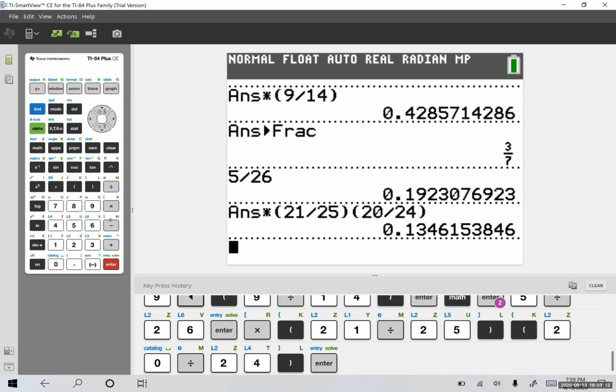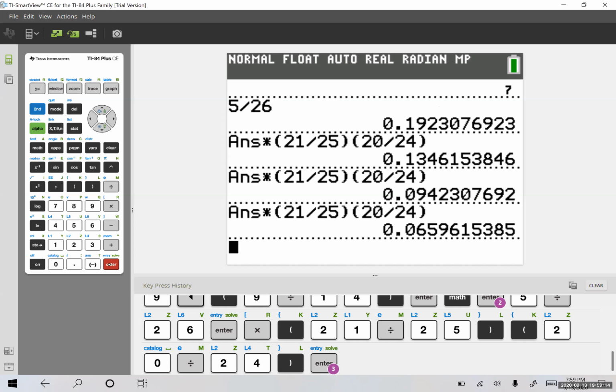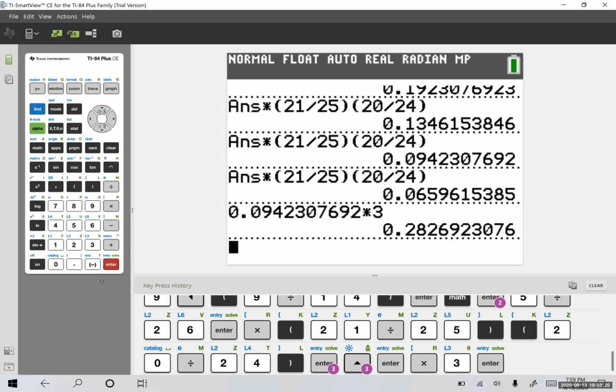Okay. Now, if I want, I could do math and frac. Let me see if it would work. Oops, it didn't do it. So let's do that one. Okay, so this is 0.09423 times 3. I think I did something wrong. Let me do this again.